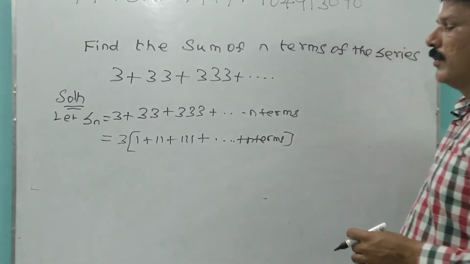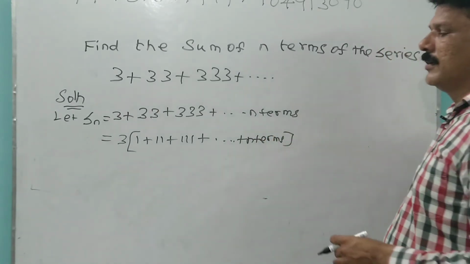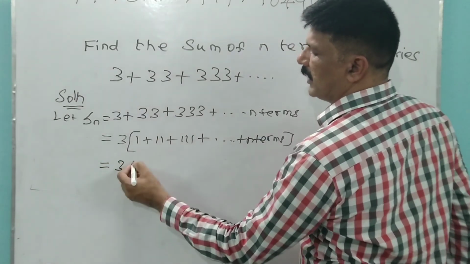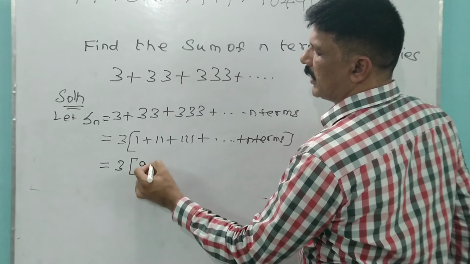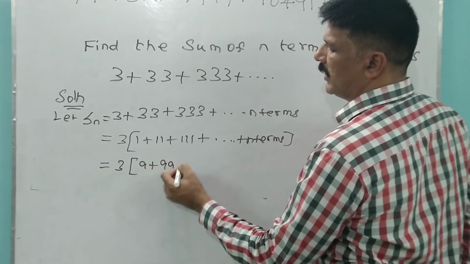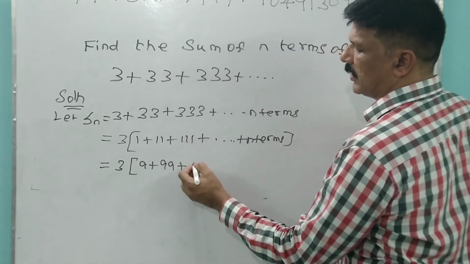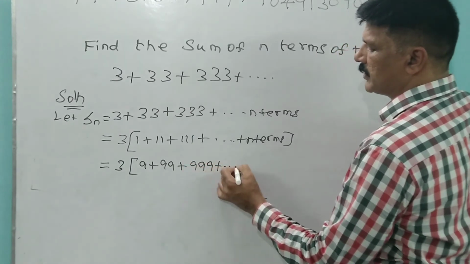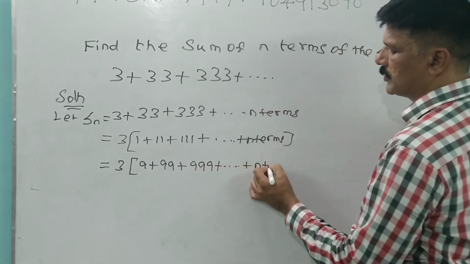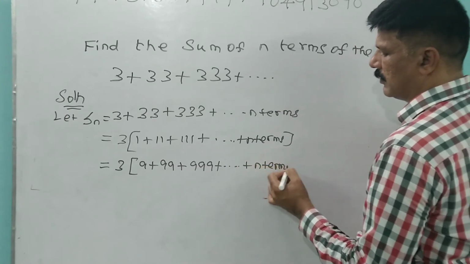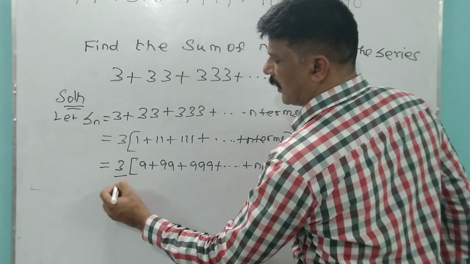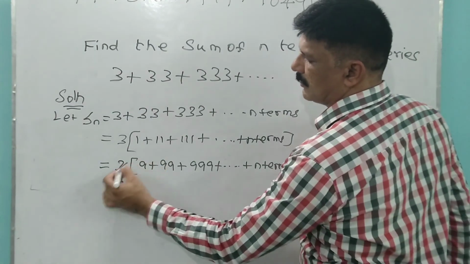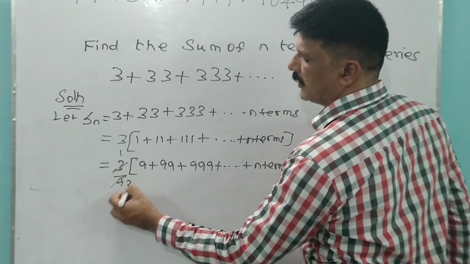Next step, we multiply by 9 and divide by 9. So 3, then multiply by 9: 9 ones are 9, 9 11s are 99, plus 9 into 111, 999, plus etc., plus n terms. Also divide by 9. Here 3 by 9 cancel: 3 ones are 3, 3 3s are 9.